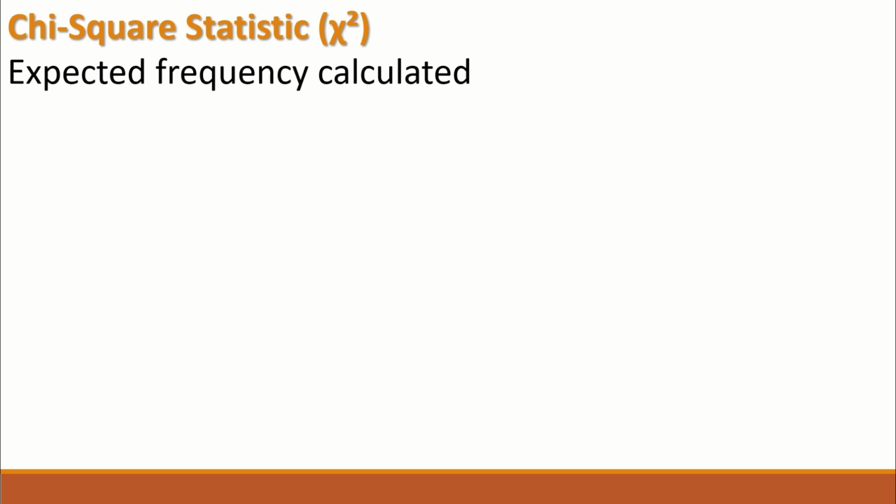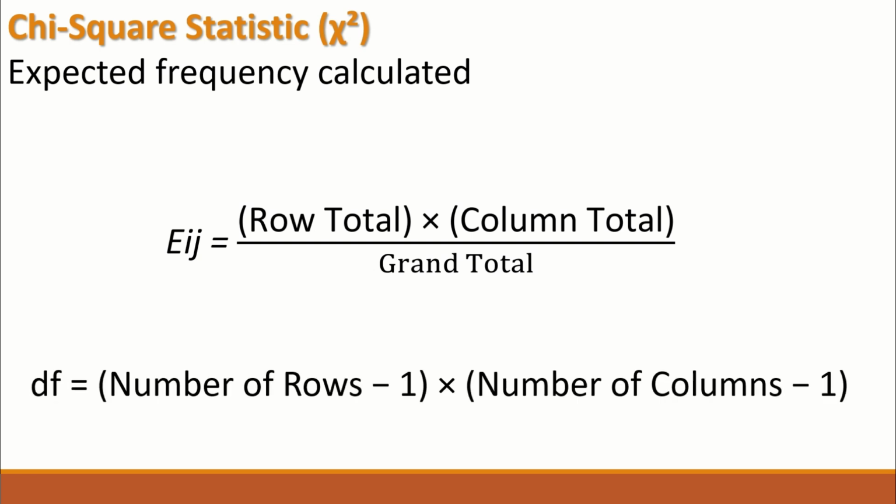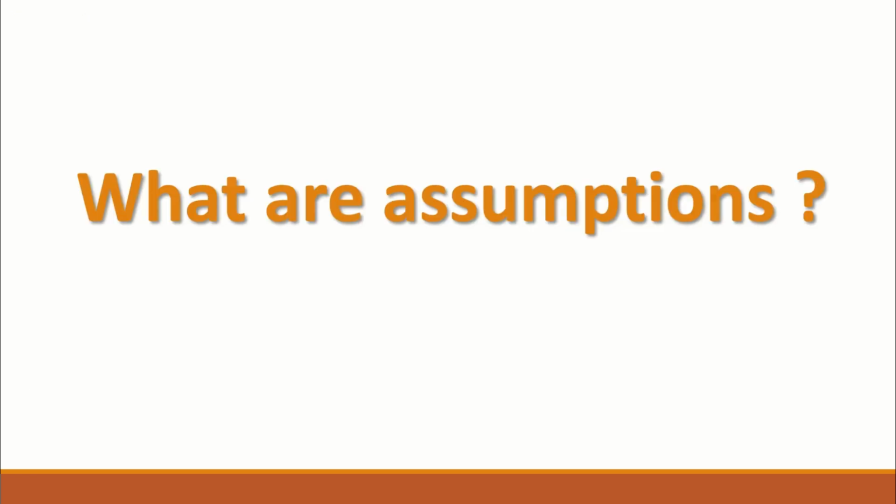The expected frequency is calculated as the row total multiplied by the column total, divided by the grand total. And the degrees of freedom is calculated by the number of rows minus 1 multiplied by the number of columns minus 1.